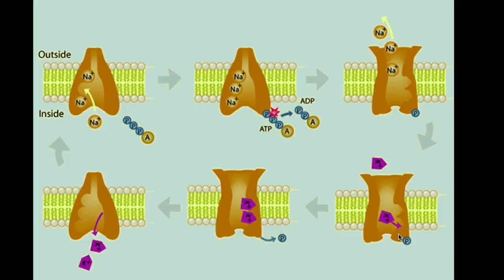Now, once that phosphate detaches, it will allow the shape of the enzyme, the pump, to return to its original shape and will open up to the inside or the cytosol, allowing for the release of the potassium into the cell. Now again, this is all by way of against the concentration gradient.